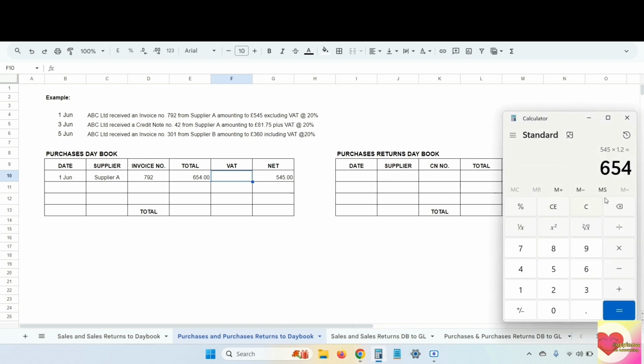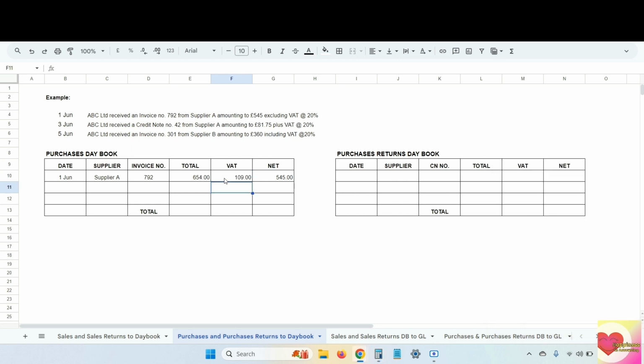To get the VAT from the net amount, 545 times 20% or 0.2, 109 is our VAT. Again, to double check, add the VAT and the net amount and you should get the total amount.